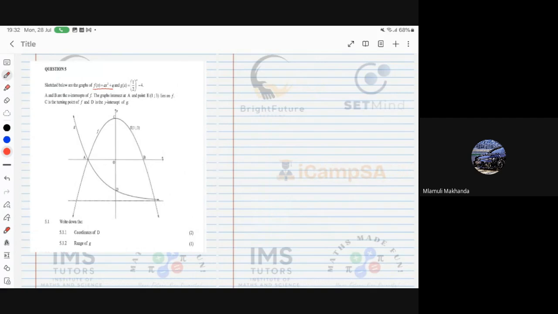Remember that, and of course we are given the general form here, f(x). You can see this is our parabolic function, and it's even written a small f here just to show you. And g(x) = (1/2)^x − 4.